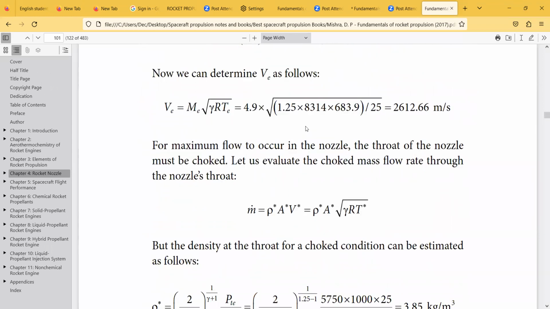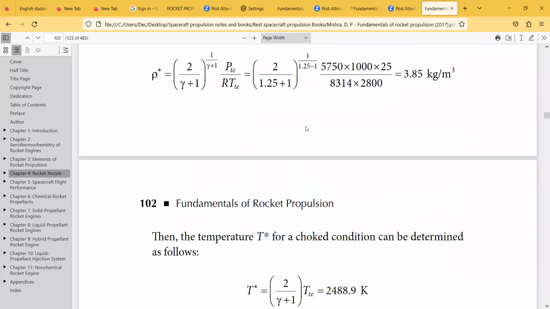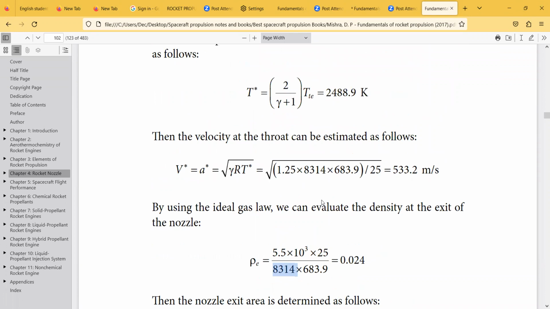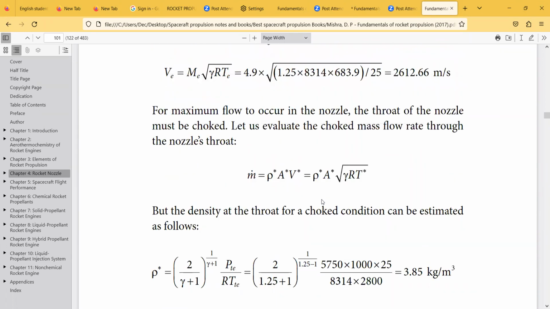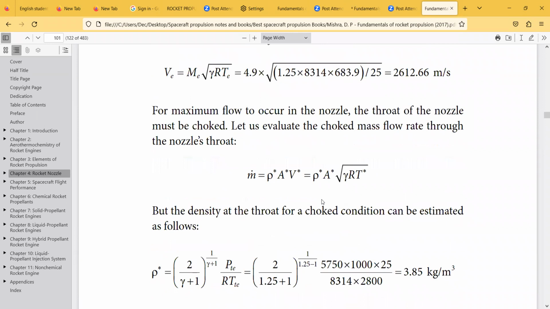So exit density is related by such a relation. This is the ideal gas constant, and 683 is the value of the exit temperature. Okay.